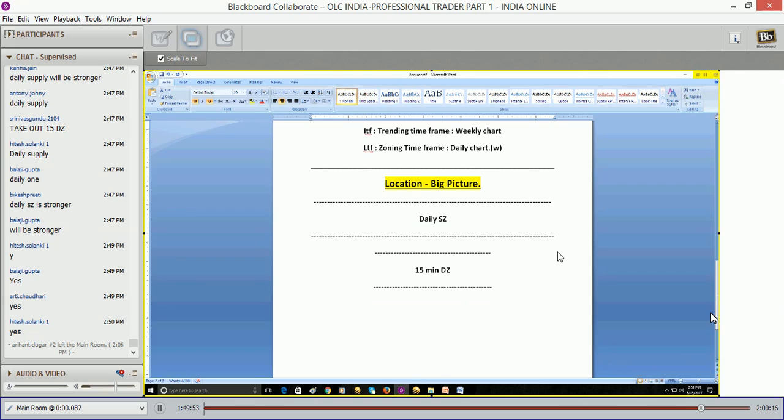For example, if we are a monthly income trader, our location is going to be the monthly time frame. If we are a weekly income trader, our location is going to be the weekly time frame. If we are a daily income trader, our location is going to be the daily time frame. And if we are an hourly income trader, our location is going to be the hourly time frame.